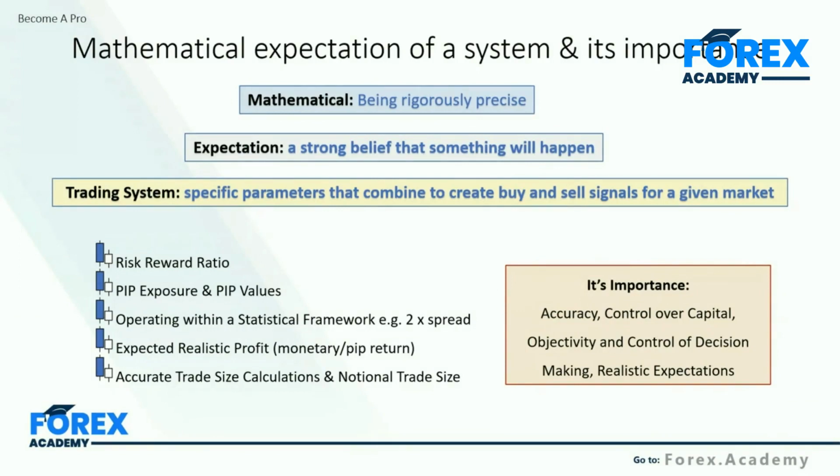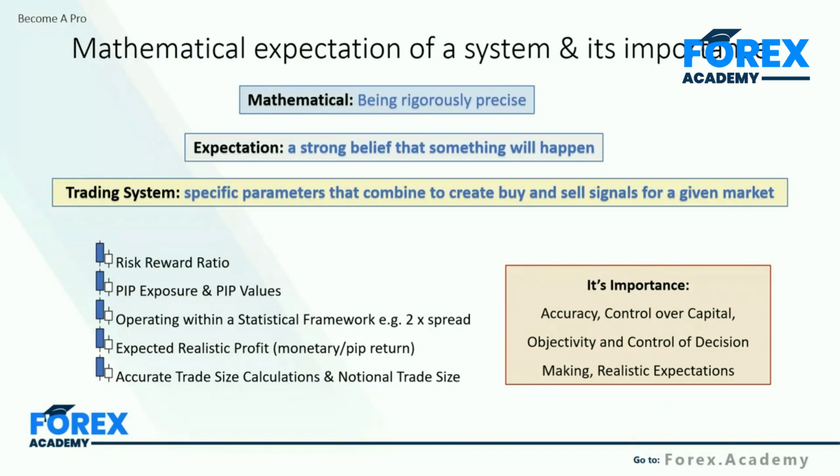So what does that mean? Mathematical, well, you want to be rigorously precise in all walks of trading life here. You want to be completely precise. Accuracy is not just about entering the market at a specific time. Accuracy is about the level of risk you take, for example. So let's say you have a €1,000 account and you want to deliver 1% risk maximum on that one particular trade.